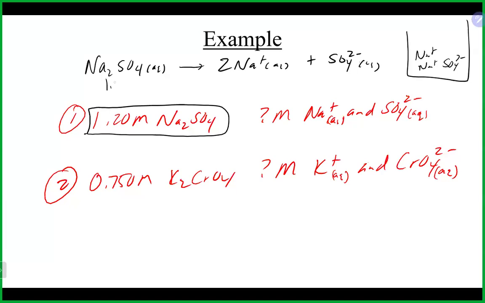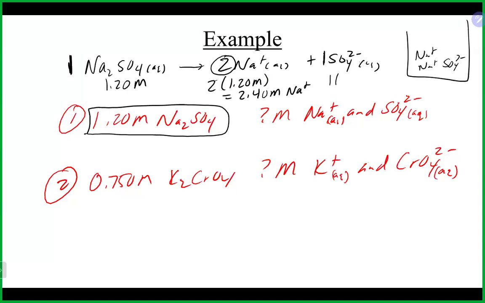Since the concentration here is 1.2 molar, it is a 1 to 2 relationship between the sodium ion and the whole thing. So we would just multiply the whole concentration by 2, and that would tell us that it is 2.4 molar in terms of sodium ions in that solution. We would do the same thing for our sulfate, but it is a 1 to 1 relationship.